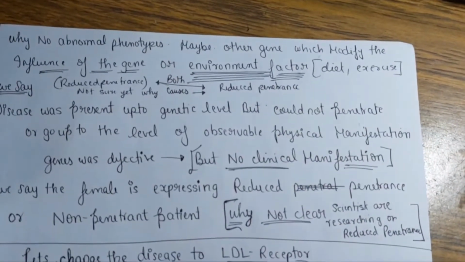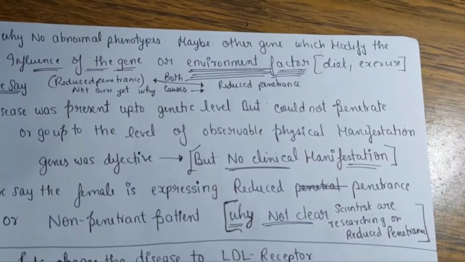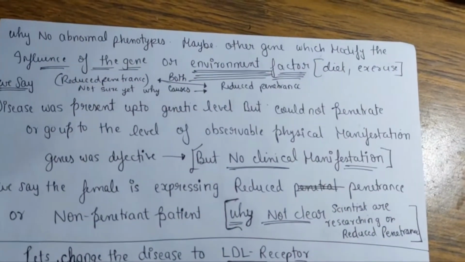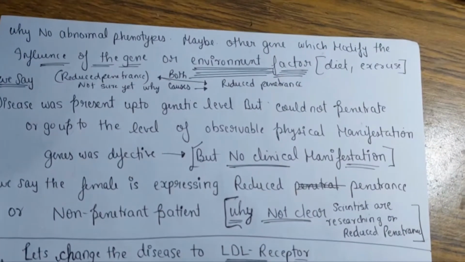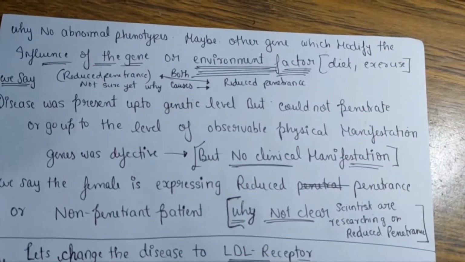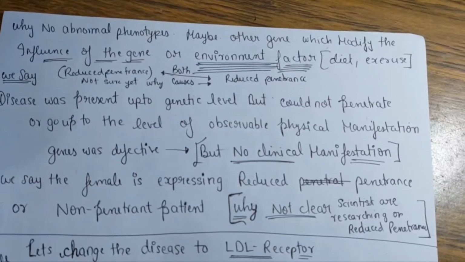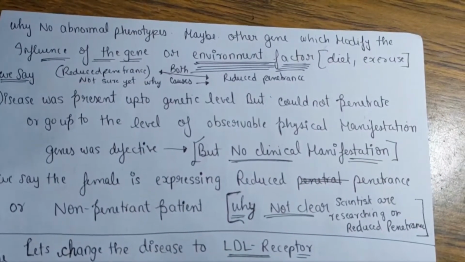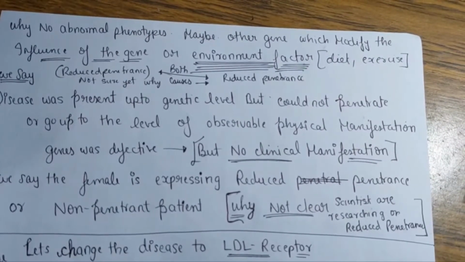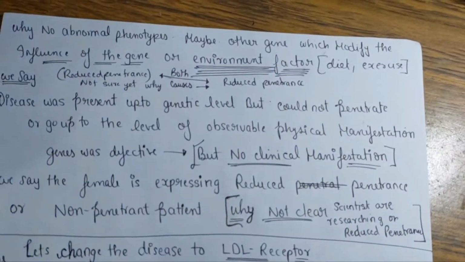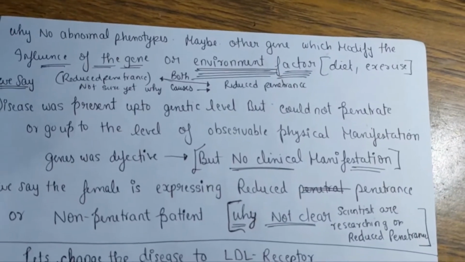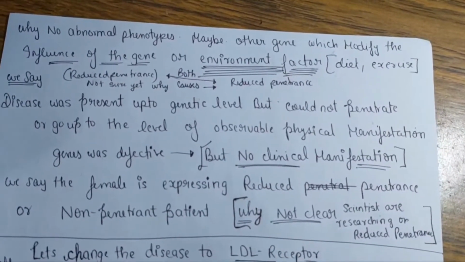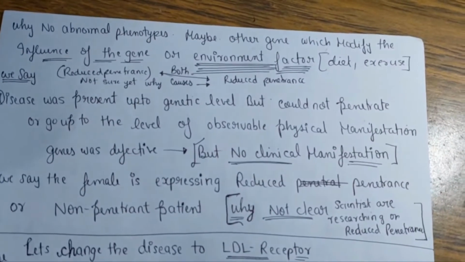Here we come to the introduction of the phenomenon known as penetrance. So what is penetrance? To understand penetrance, we can go along with this example, in which there was no abnormal phenotype. This could be because of the influence of environmental factors such as diet or exercise, or the influence of other genes, and those environmental factors and the influence of other genes reduce the penetrance of the defective gene.